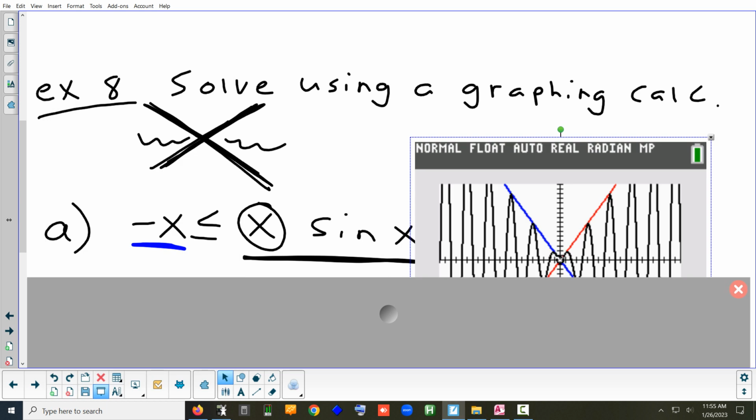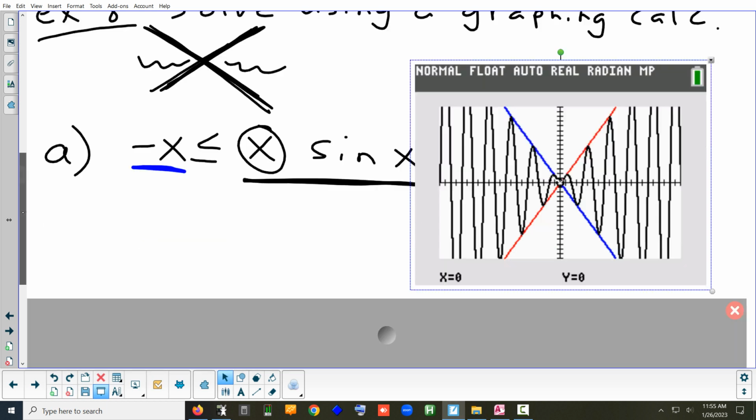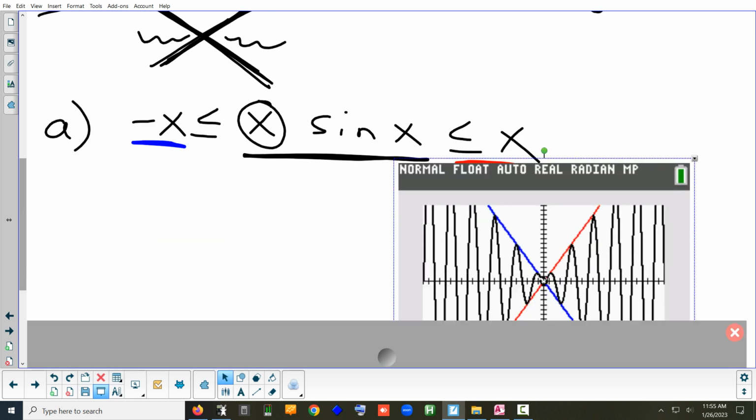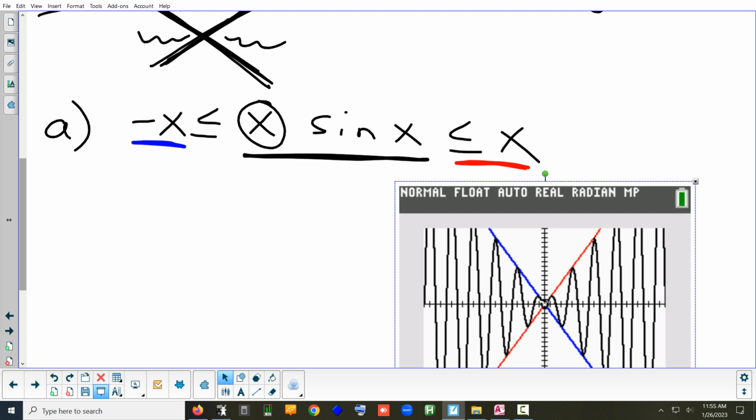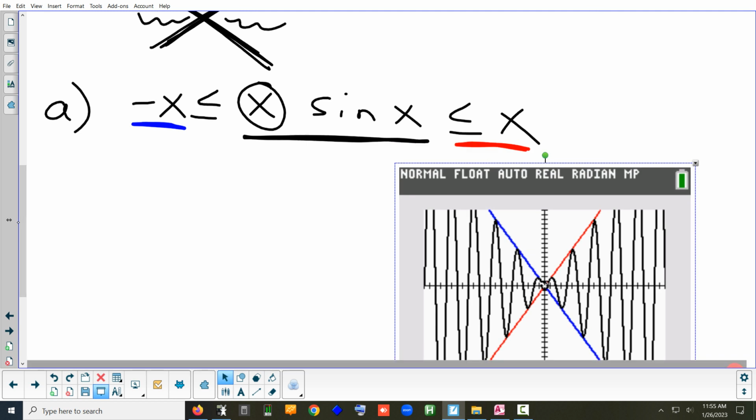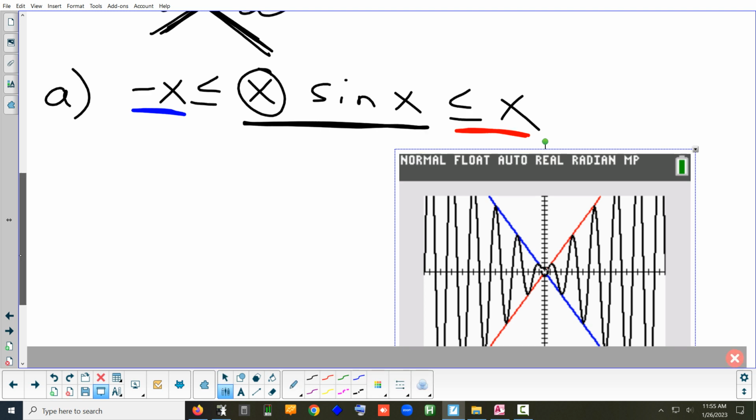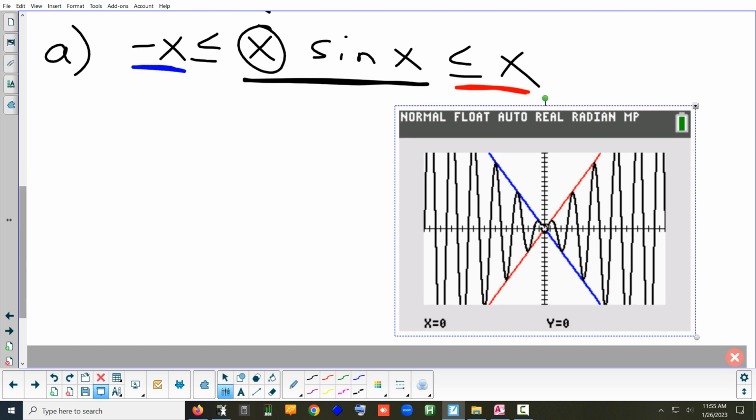That's really cool. So where is the black graph above the blue one and under the red one? Where does that happen? Above the blue, below the red.